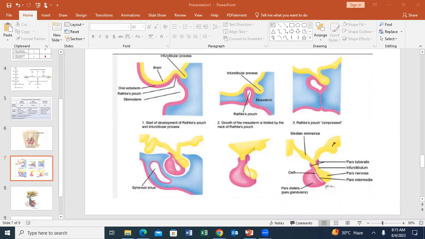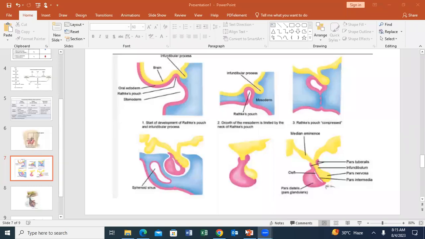That is why this posterior pituitary has a very strong connection with the hypothalamus. We will see that there are neurons which have their cell bodies in the hypothalamus and their axon endings in the posterior pituitary, whereas anterior pituitary is relatively differentiated from hypothalamus. So anterior pituitary is derived from ectoderm and posterior pituitary is derived from neuroectoderm.